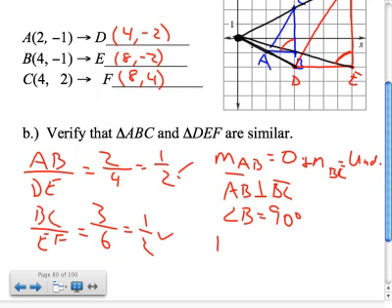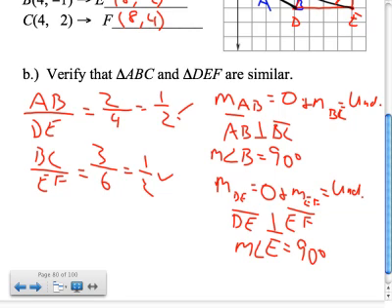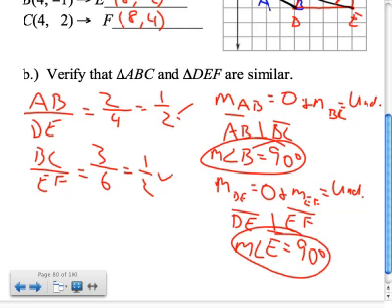The slope of DE is 0. It's a horizontal line. And the slope of EF is undefined. It's vertical. Therefore, DE is perpendicular to EF, which means that the measure of angle E is 90 degrees as well. And so since that's 90 and that's 90, these two triangles have to be similar because of SAS.